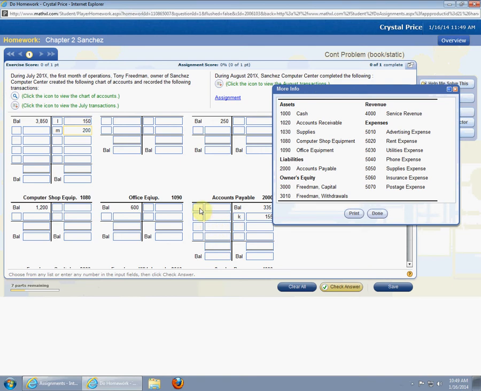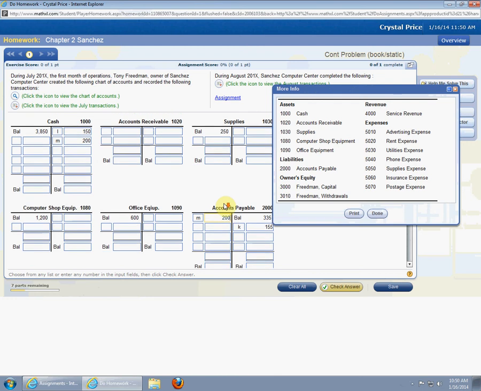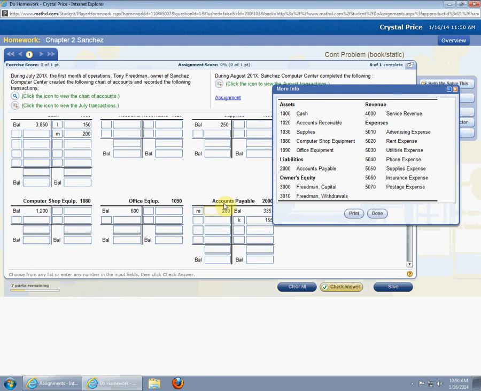So we're going to debit, and this is going to be $200. So now we don't owe as much money. We paid 200 of it. When we get finished, make sure your debits equal your credits. We have a credit of 200 in cash and a debit of 200 in accounts payable.